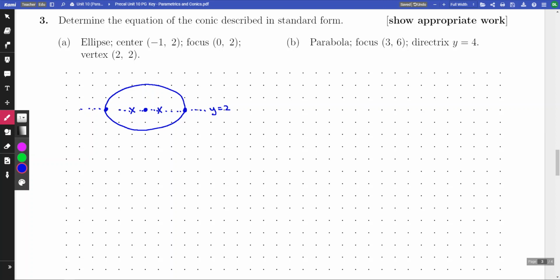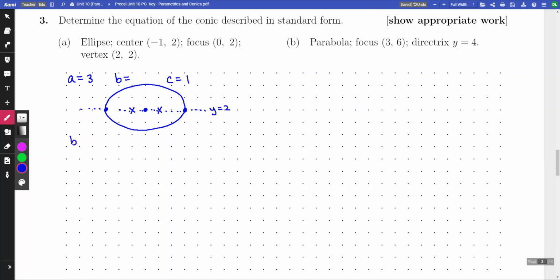So how can we determine our equation for our conic? Well, we know that the distance from the center to the vertex is the value for a when we are on our major axis, and that's going to be a distance of 3. We need to figure out the distance of b, but we also know the distance of c is the distance from the center to the focus, and that's a distance of 1.